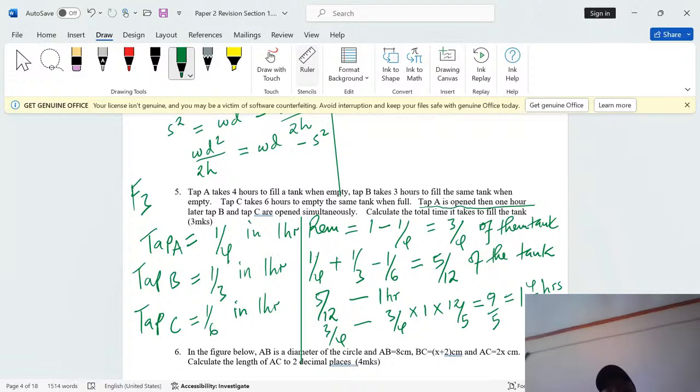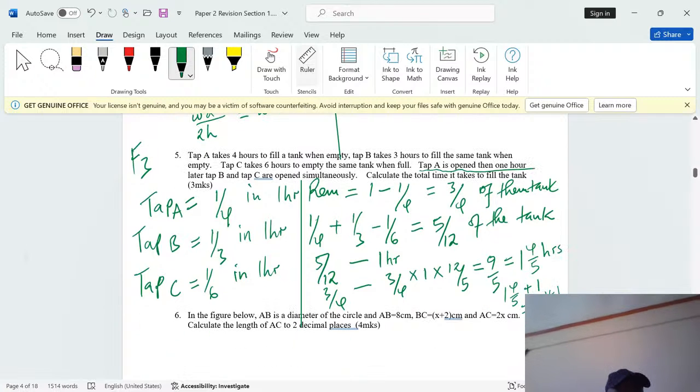But there is an hour when tap A operated alone. Therefore, the total time will be 1 and 4 out of 5 plus that 1 hour, which is 2 and 4 out of 5 hours. So that is the total duration taken to completely fill the tank.